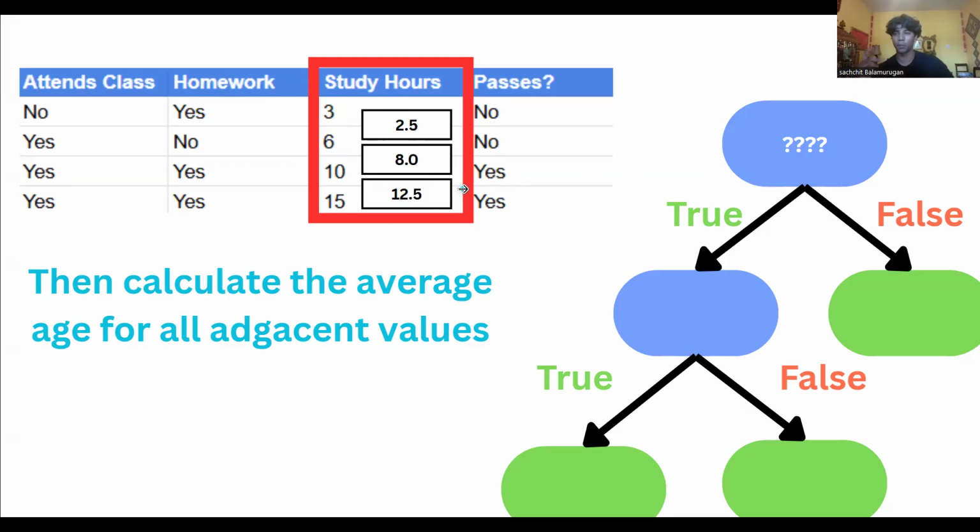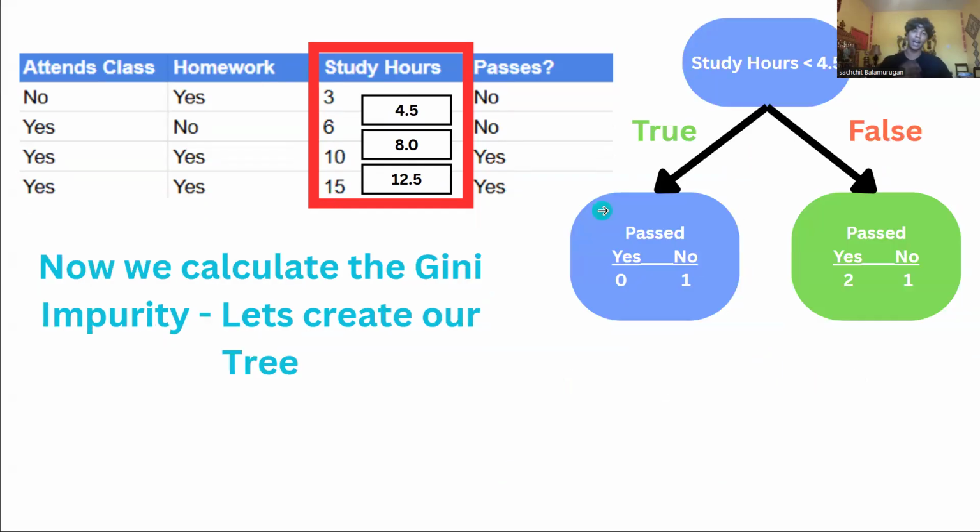It's just finding the middle number between these two values, so that's your average. And you need to do it for all adjacent values, or basically these two, these two, these two, right? 3 times. Okay, now that we calculated the Gini impurity, let's create our tree, okay?